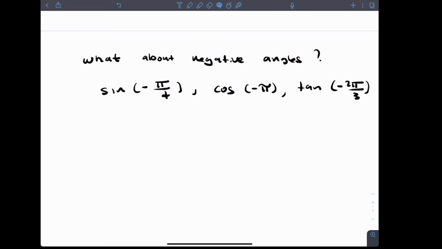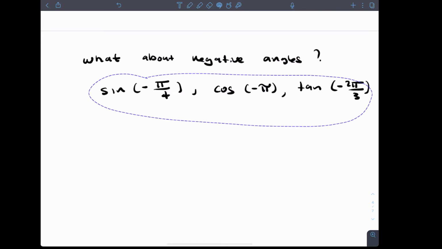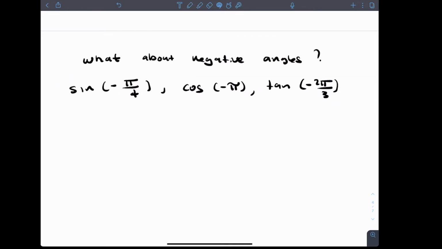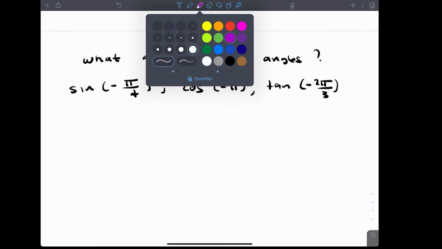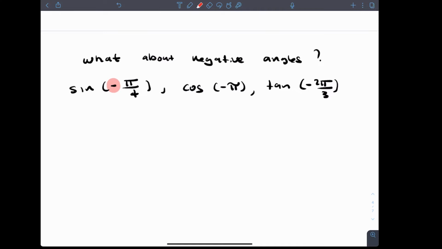Okay? So if you guys can see what I'm saying here, we want to start to talk about how to find sine, cosine, and tangent, all these different ones, now as we have these negative angles. And if you notice, what did they even give you here?